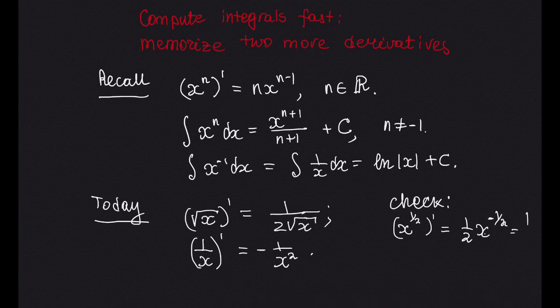And of course, this is 1 over 2 square root of x. And you may also verify that if you have x to the power negative 1, if you use the same formula for differentiation, the derivative of x to the power negative 1 is negative x to the power negative 2, which is of course negative 1 over x squared.